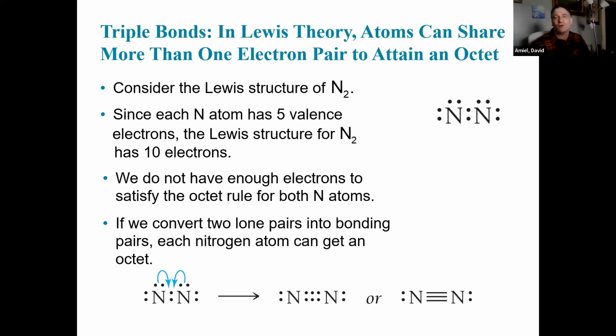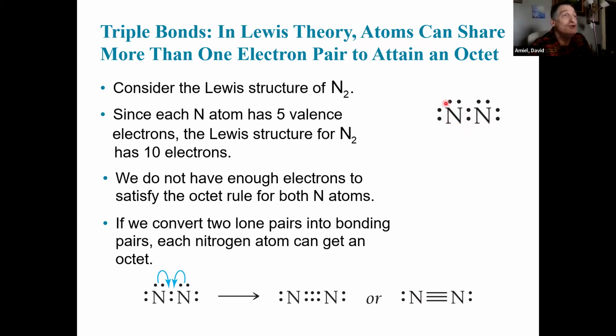Okay, you may want to try this on your own, I don't know, but if we were in class, I would have you take out a sheet of paper and try this. Do nitrogen. Here you're seeing nitrogen. Each nitrogen has 5, 2, 4, 5, 2, 4, 5. We've got 10 valence electrons total. If we only share two of the electrons, neither one has an octet.